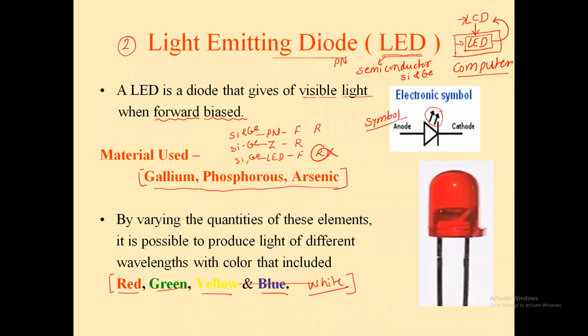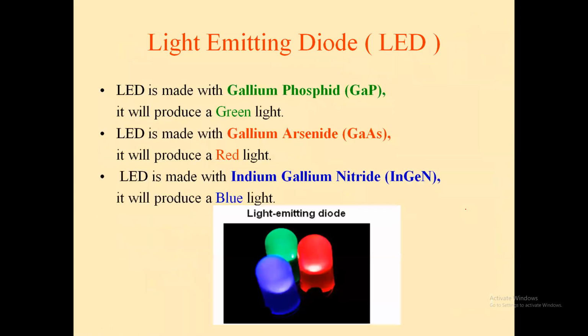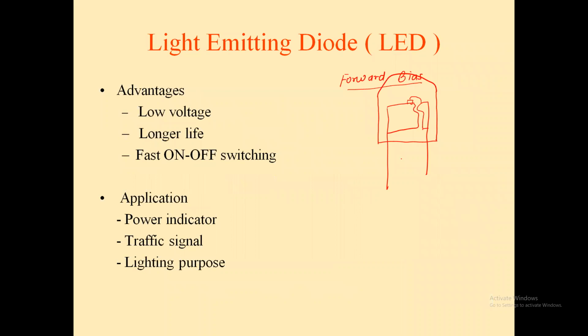Just check it. Get it my point? Have you observed that inside this red color LED, this one acts as the bigger plate, the first plate, and this one acts as the smaller area plate? So the smaller area plate will act as the positive terminal, and the bigger area plate, which is connected to the rod, this rod, acts as the negative terminal here.